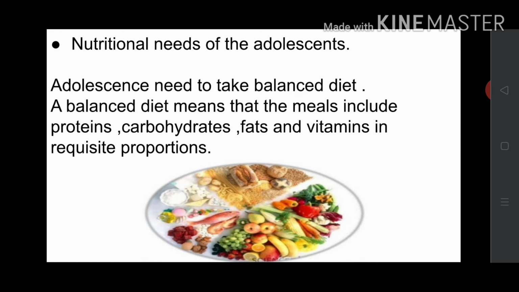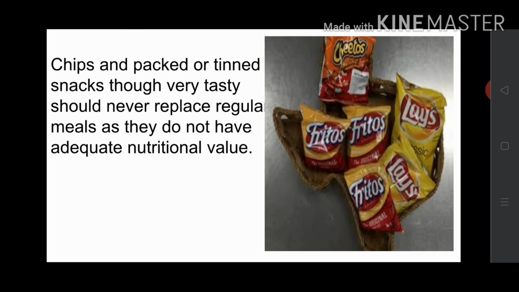For infants, mother's milk provides all the nourishment that they need. Iron containing food such as leafy vegetables, jaggery, meat, citrus, Indian gooseberry, etc. are good for adolescents. Chips and packed or tinned snacks, though very tasty, should never replace regular meals as they do not have adequate nutritional value.